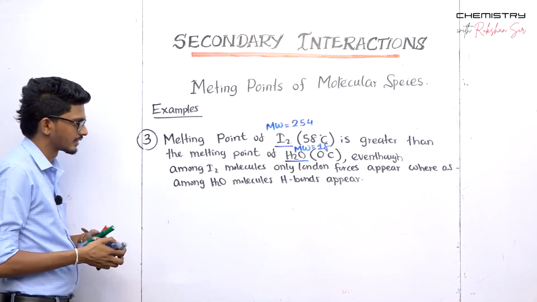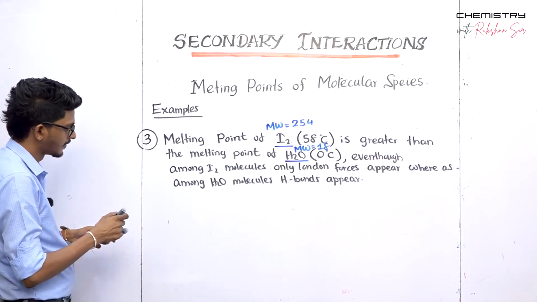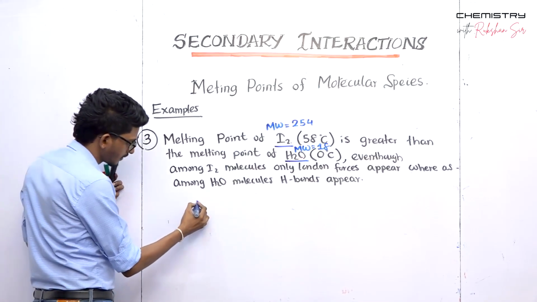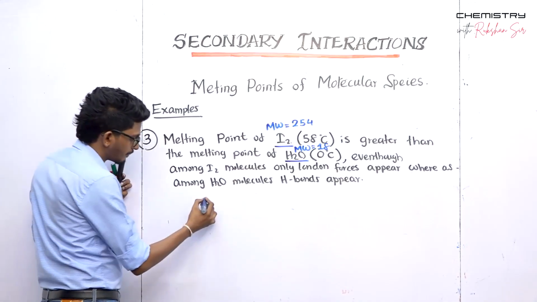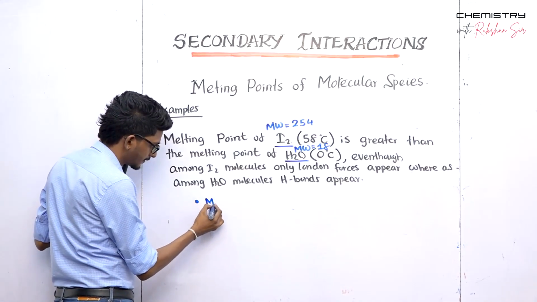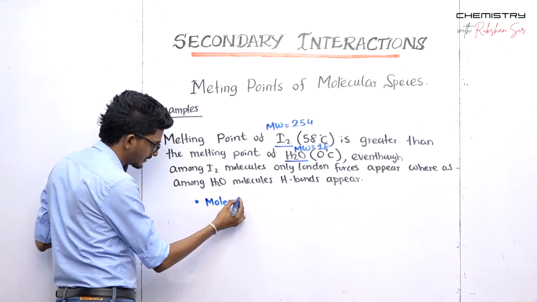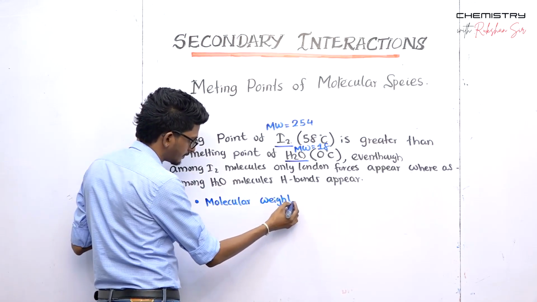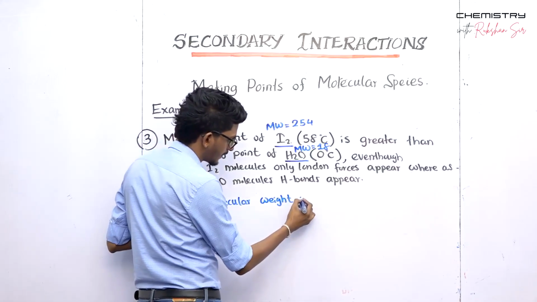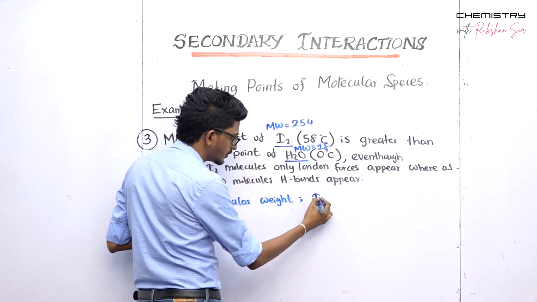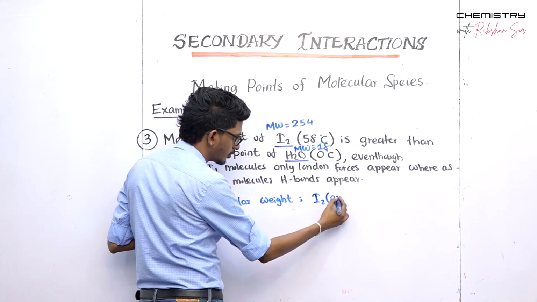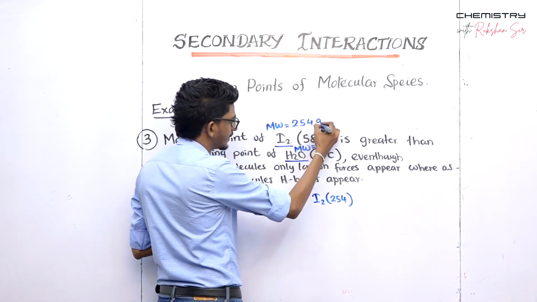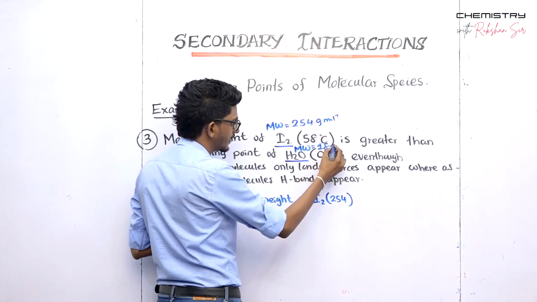See, write the stuff here. We can write molecular weight. That is what matters, right? Here, the molecular weight of I2 is 254 g mol^-1. Here it is 18 g mol^-1.